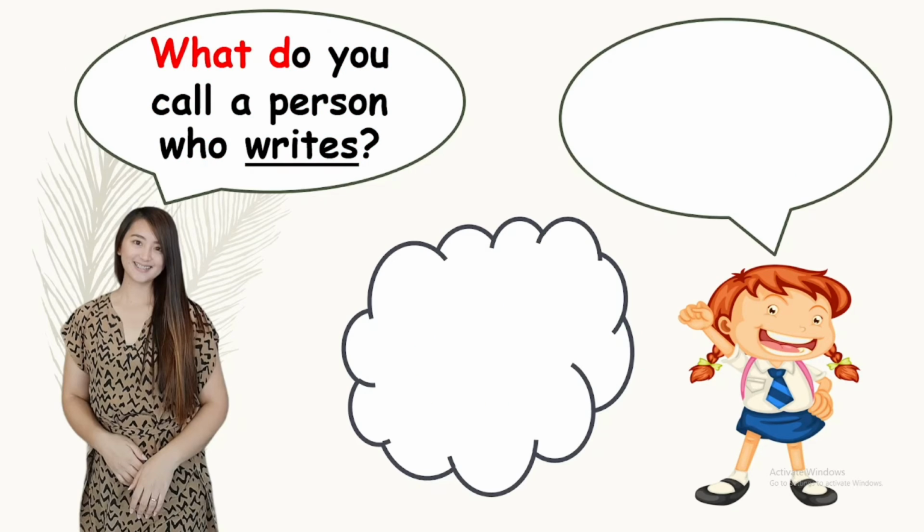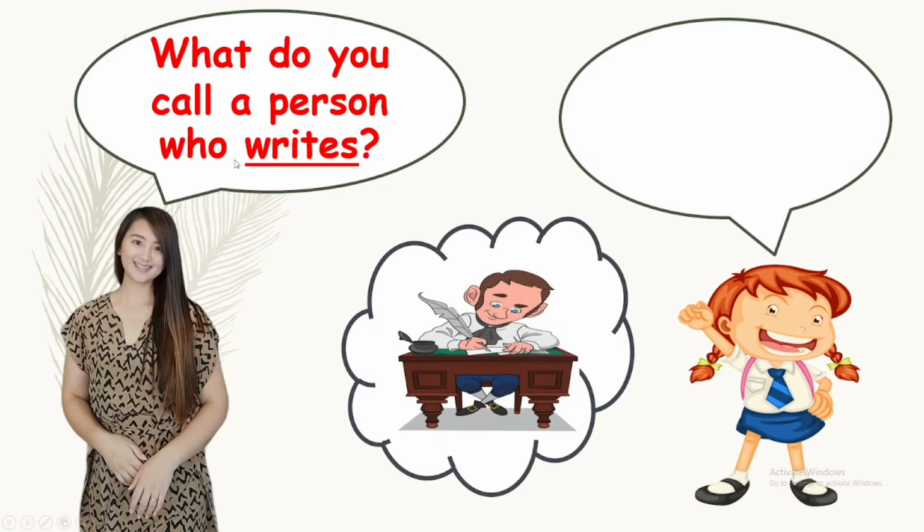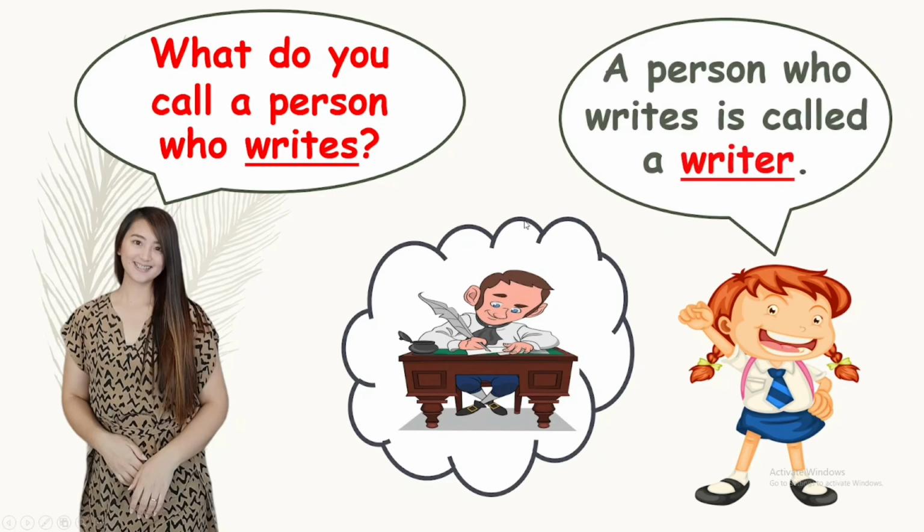Question. What do you call a person who writes? Writes. So we add R. A person who writes is called a writer. He is a writer.